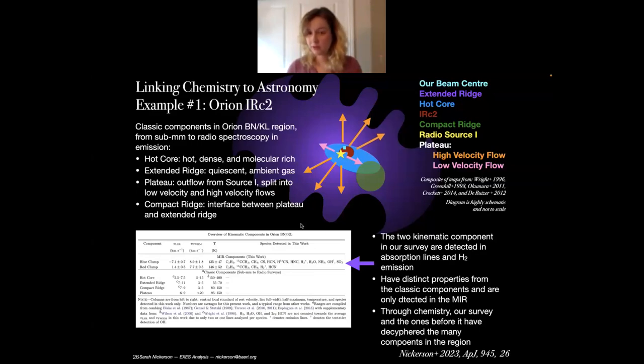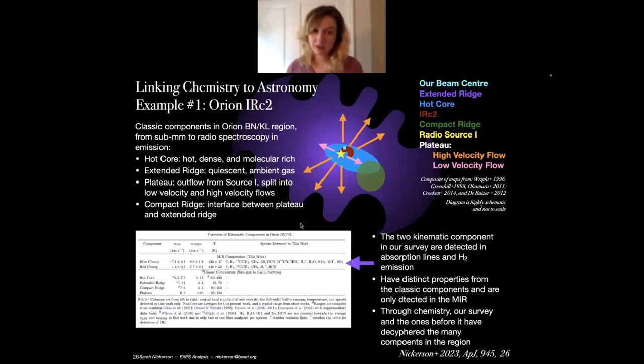And so we're able to identify these two clumps of gas that are perhaps not associated with the hot core itself, but still have the same molecular richness and abundance of a hot core, and so still exhibit its chemistry. But we still need to do more work to figure out what they are exactly.